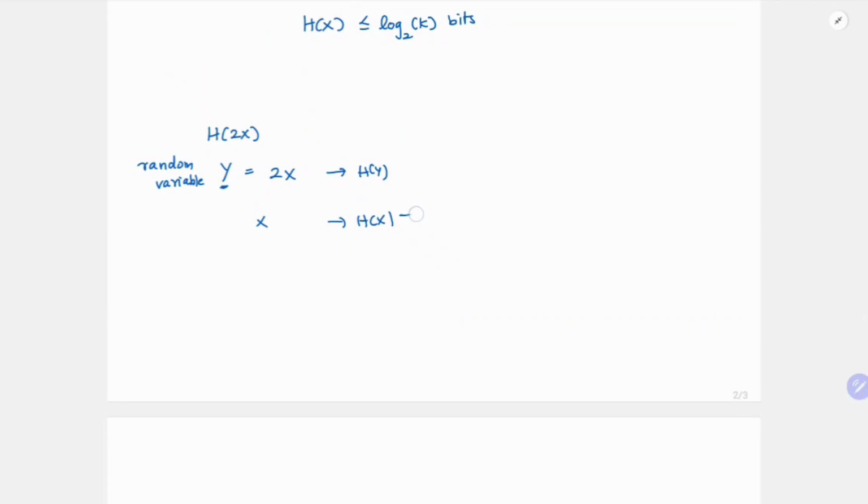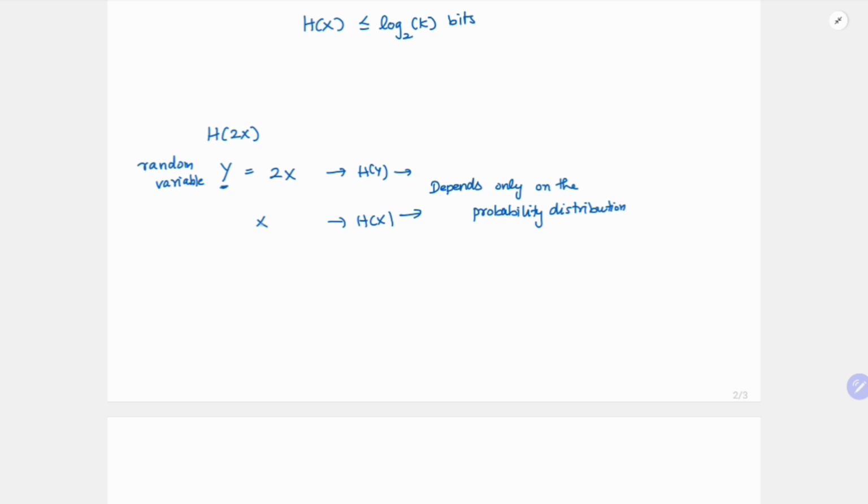And you should also remember that h of x and h of y depend only on the probability distribution. So if x and y have the same distribution, then h of x is going to be equal to h of y.